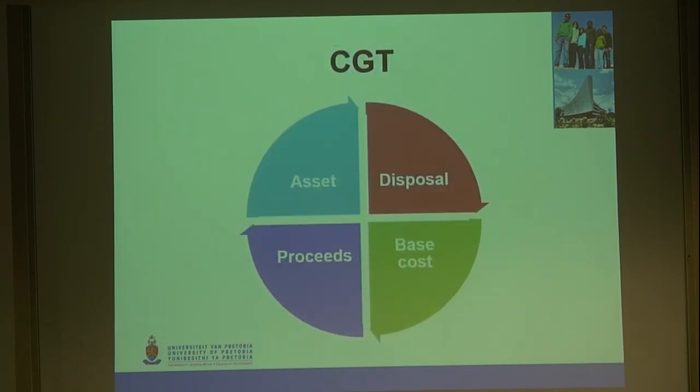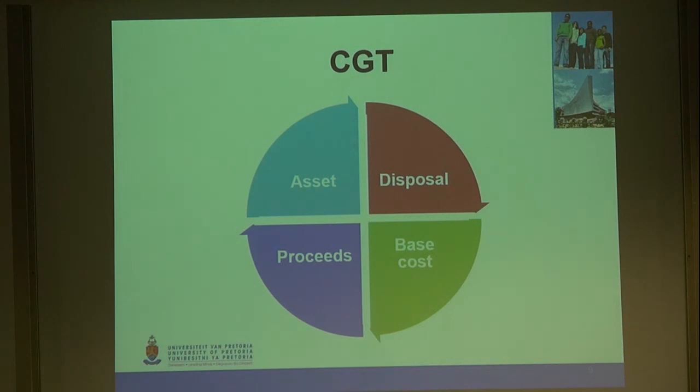There are four definitions that are going to be essential to us, and I'm going to chat more around these definitions in our next class. Firstly, there must be an asset. So what is an asset? Then there must be a disposal. What is a disposal?